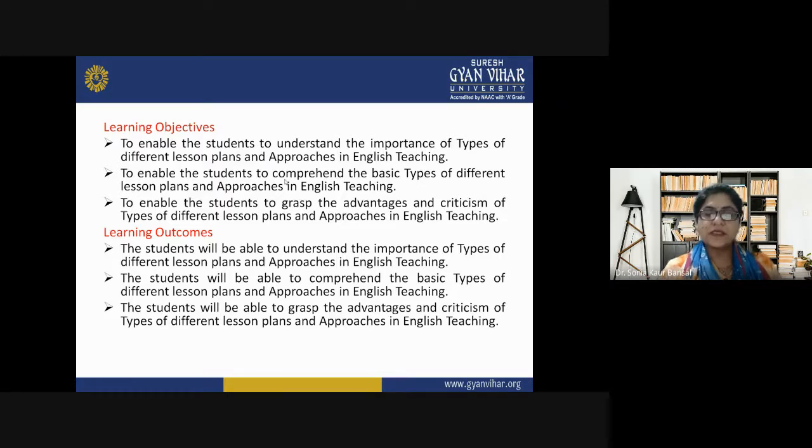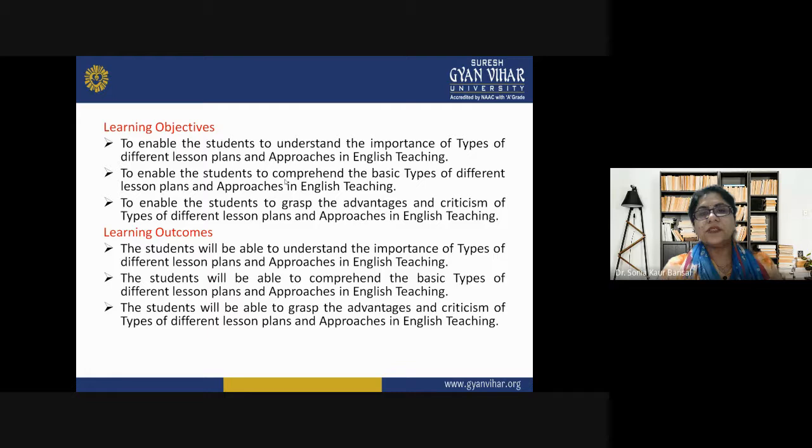So let's understand how we prepare lesson plans and how they work. When we are talking about a foreign language in Indian classrooms, it is a must for us to understand how it is to be taught and in what way.